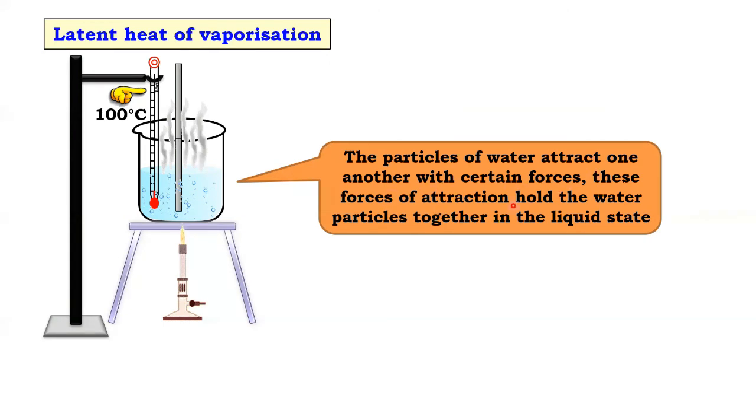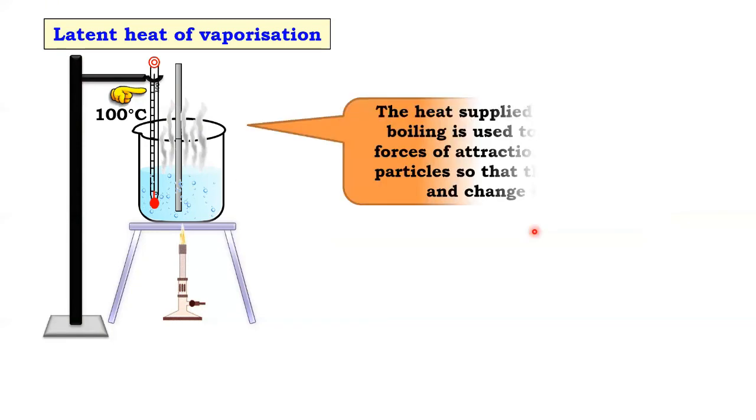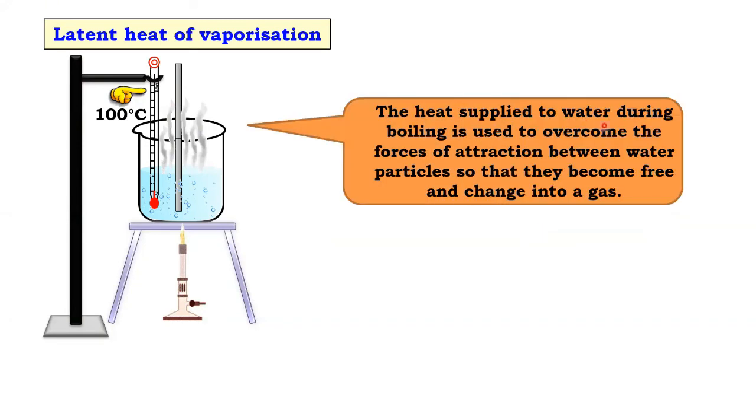These forces of attraction hold the water particles together in the liquid, and the heat supplied to the water during boiling is used to overcome the forces of attraction between water particles so that they become free and change into gas. Now we know that when you talk about liquids, the particles are farther from each other, but not too much, right? But still they have some force of attraction between them.